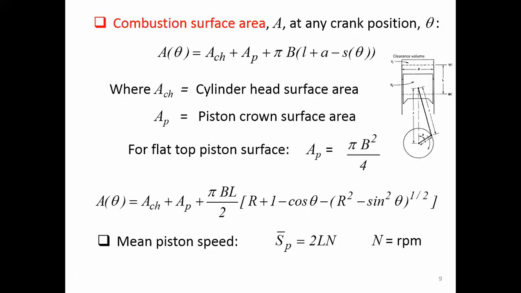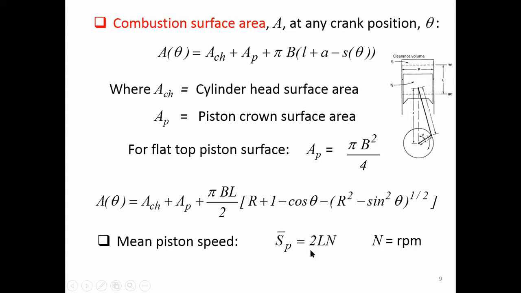How about the piston motion? The piston moves, so the piston has a velocity. We usually represent the velocity of the piston in terms of the mean piston speed. The mean piston speed is equal to 2 times the stroke, the distance the piston travels, times the engine speed in RPM.